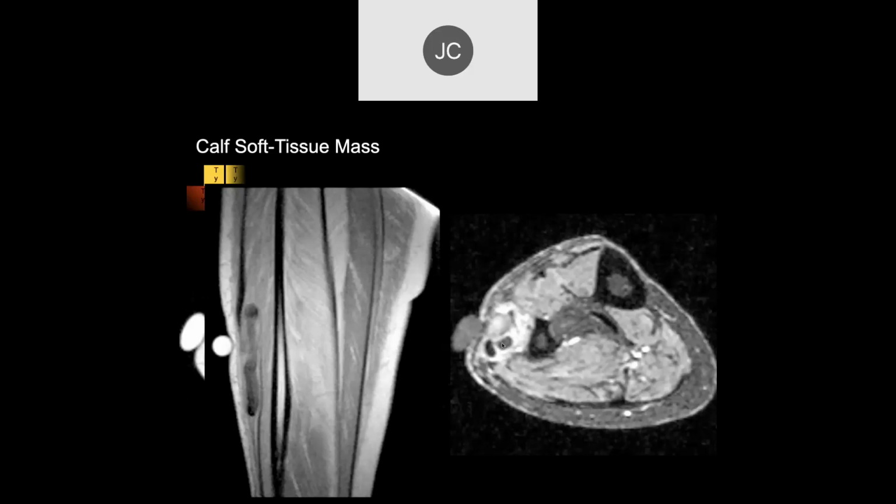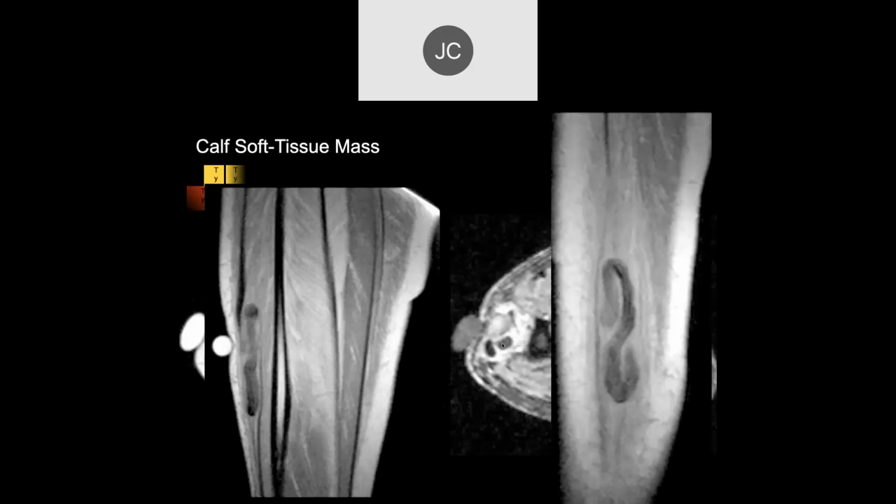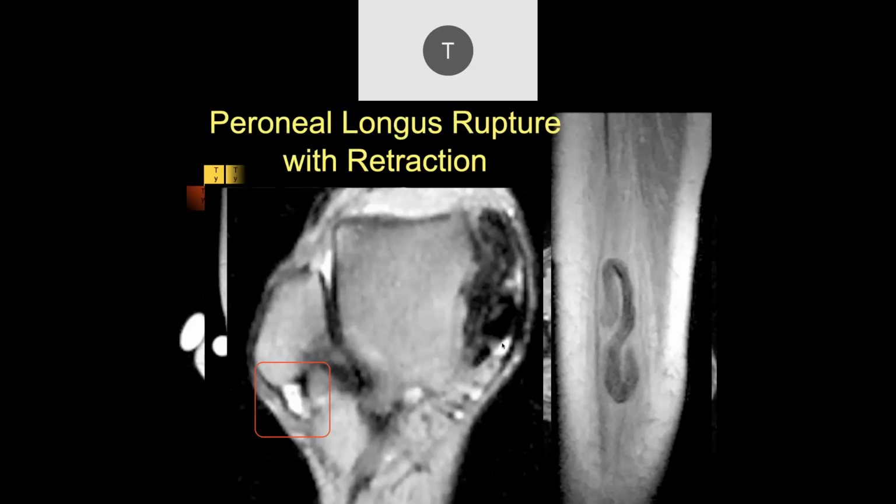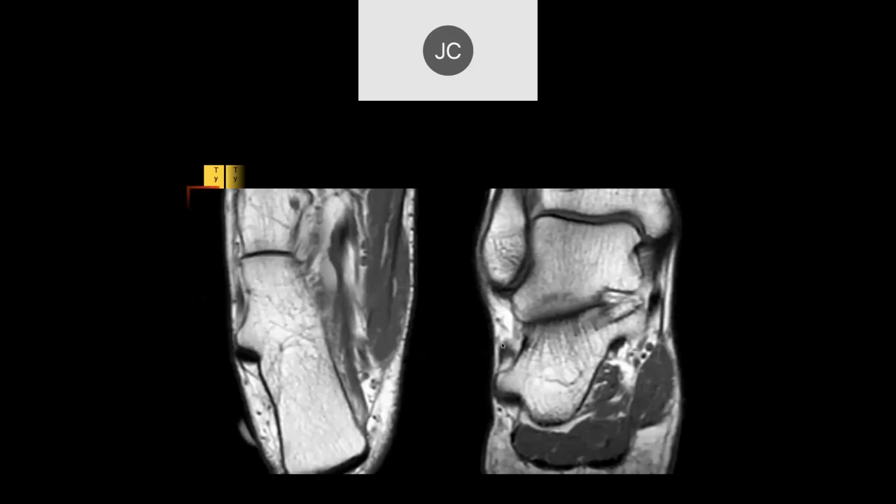If we go to the sagittal plane, this is what it looks like. Yeah, it looks like a retracted tendon. And if you go down to the lateral malleolus, I don't see any peroneal tendons there. Right. So this was a peroneus longus rupture with retraction, and the mass was the retracted tendon. Okay, Robert.